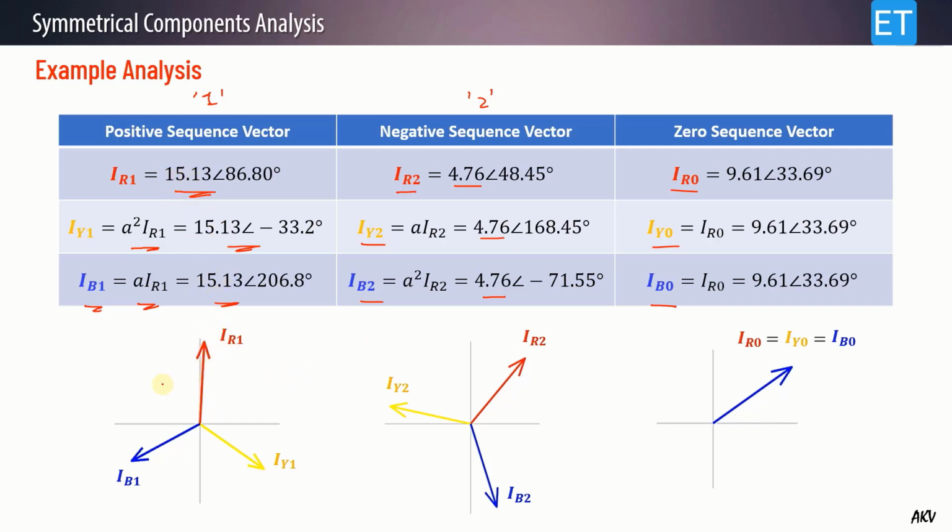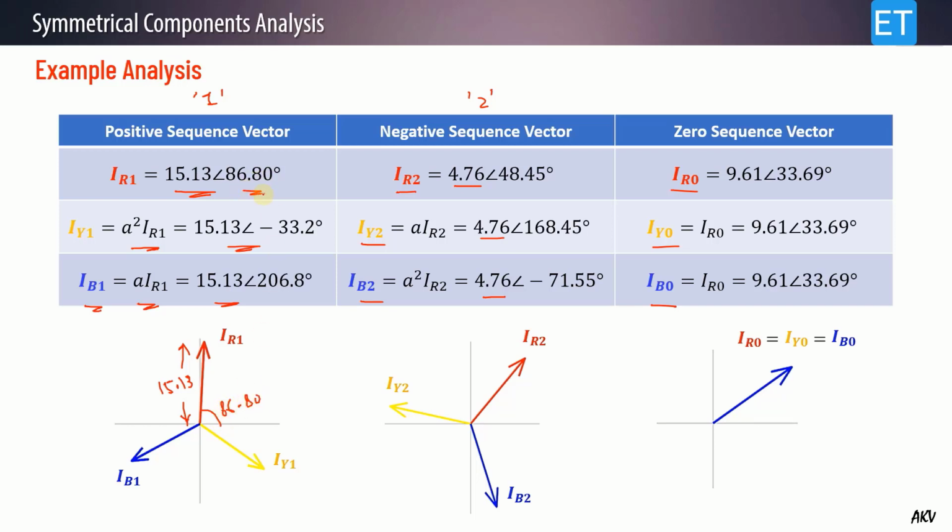So the length of this vector is 15.13, and the angle is not exactly 90, it is slightly less than 90. This angle is 86.80.